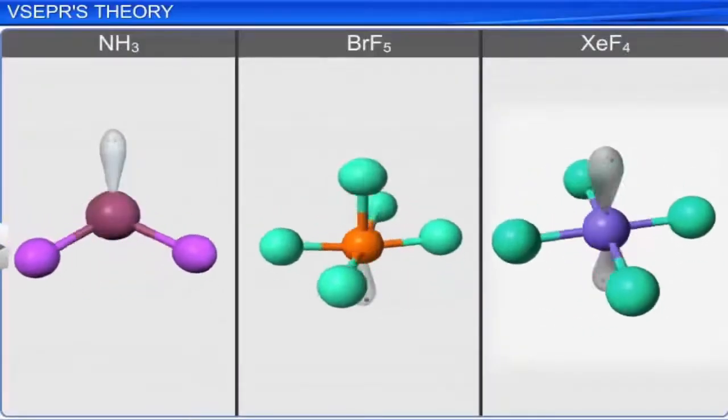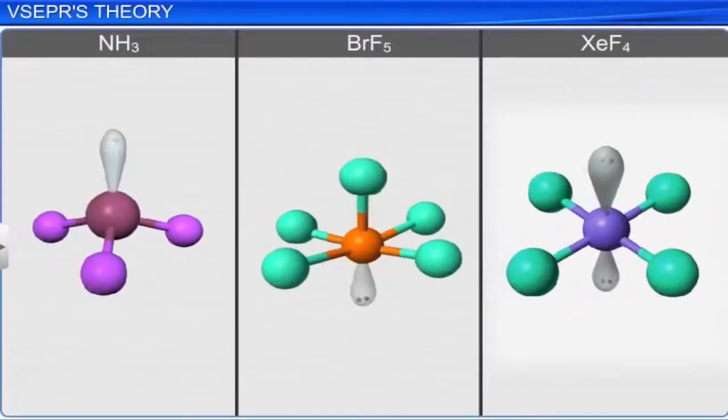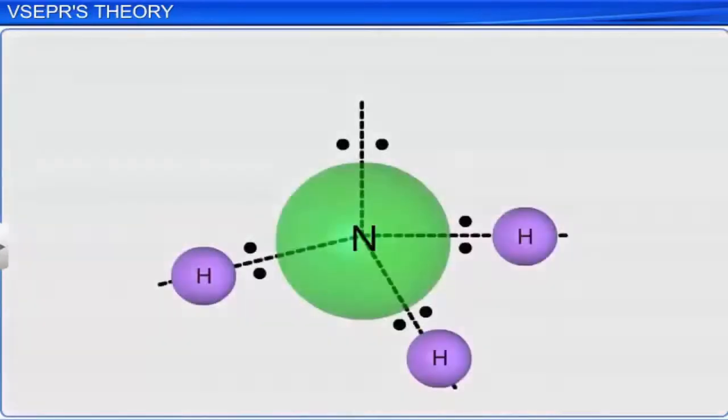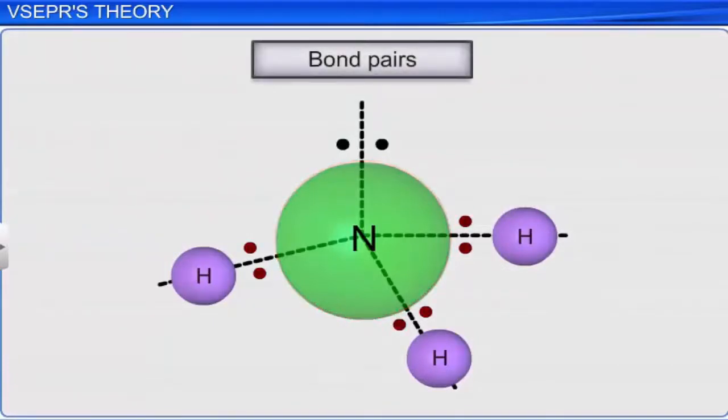Now, let's analyze the shapes of some molecules with reference to their valence electron pairs. In ammonia, the central nitrogen atom has 3 bond pairs of electrons and 1 lone pair of electrons.